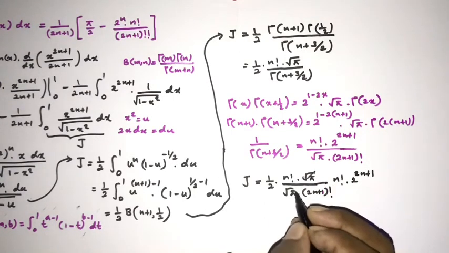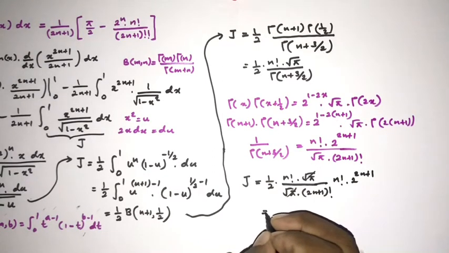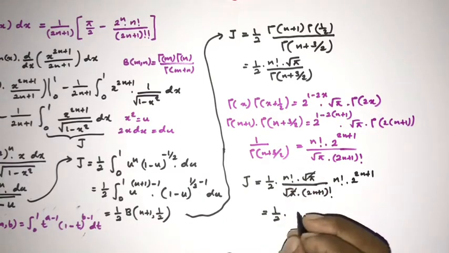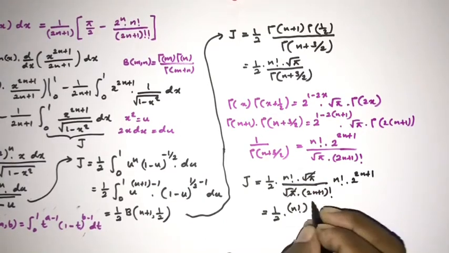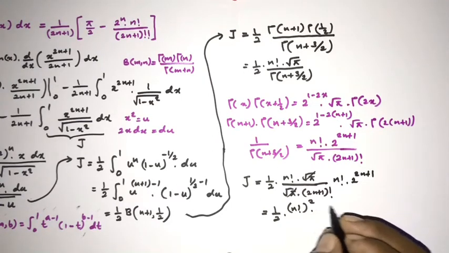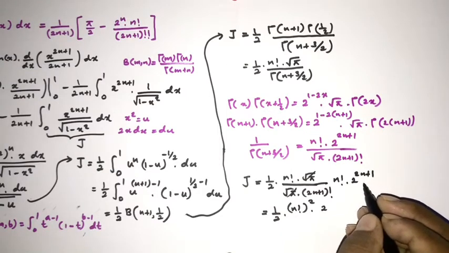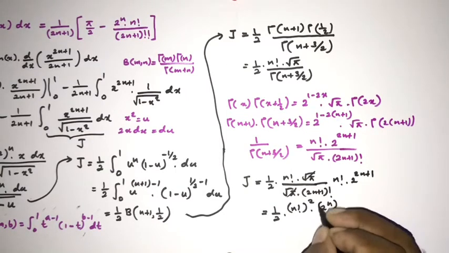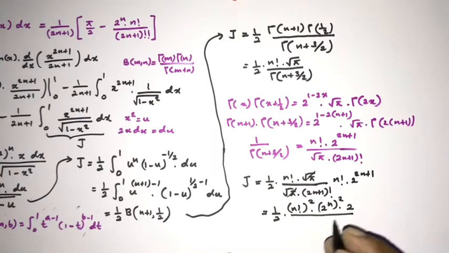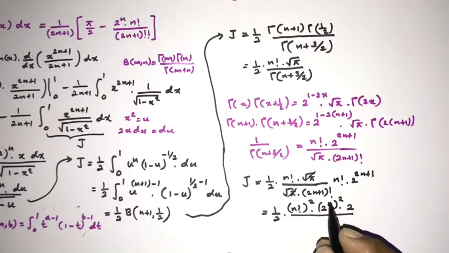We know square root of pi gets cancelled, and now we have here 1/2 n factorial squared, so n factorial is squared, and here we can write 2 raised to the 2n times 2, so we can write 2 raised to the n squared times 2 over 2n plus 1 factorial.